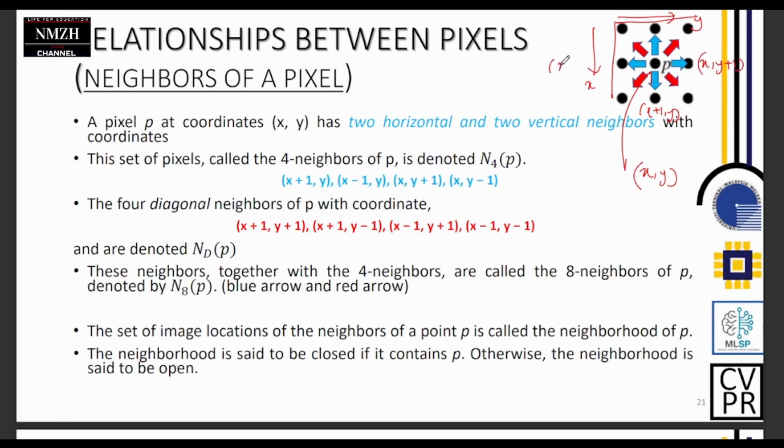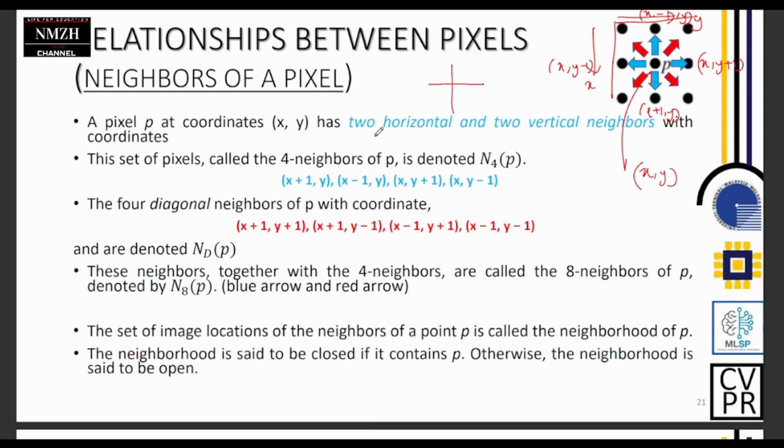This one is x, y minus 1. And this one is x minus 1, y. This is what we call the straight connected pixels, and it will be like this.